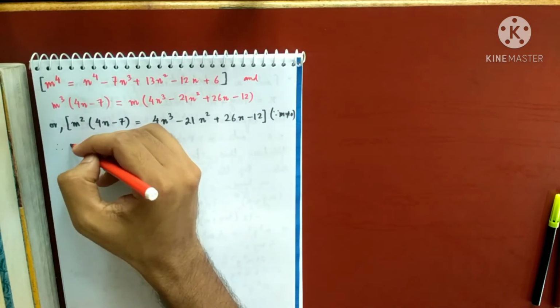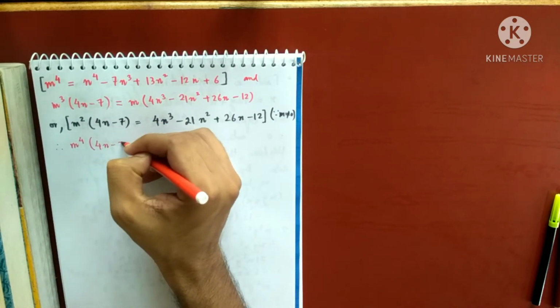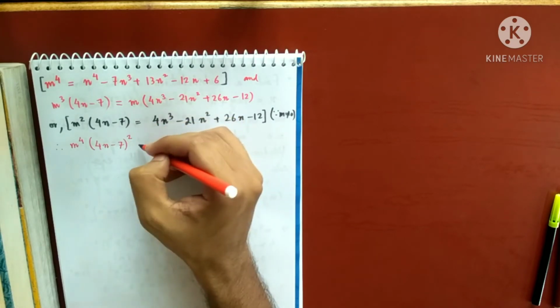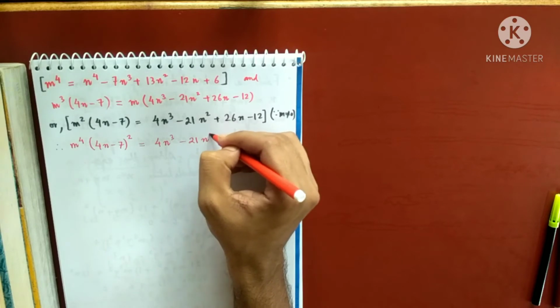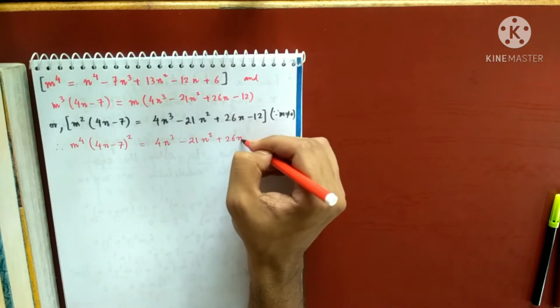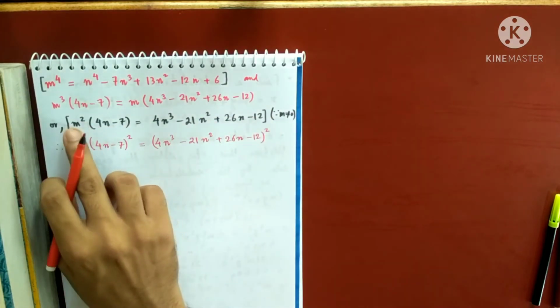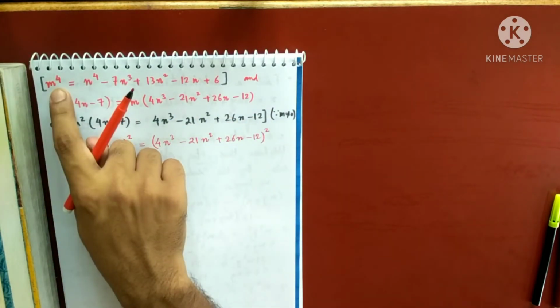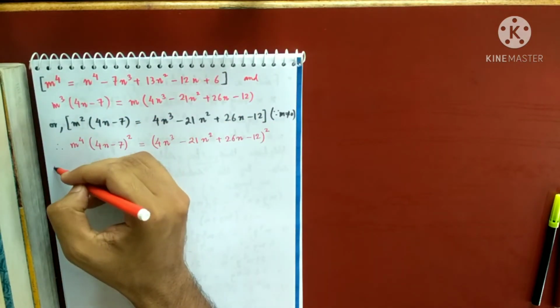So if I square it, so this is what? m to the power 4 into (4n minus 7) whole square equals, this whole thing remains with square. So what was the advantage of squaring? I have squared this and I know the value of this m to the power 4, so I'll put this value here.